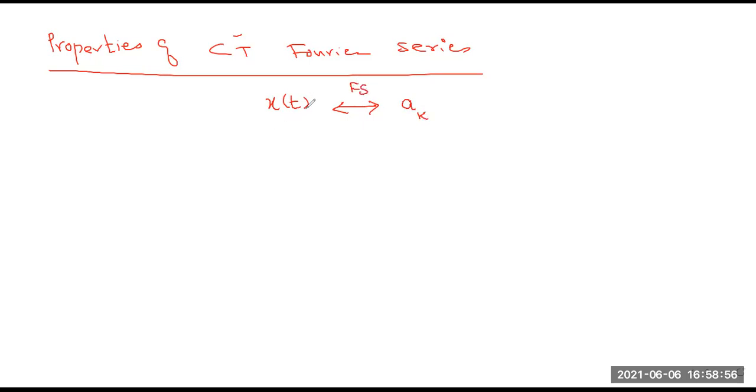This notation is used to represent that periodic signal x of t is related to its corresponding Fourier series coefficient, or you can say x of t and a sub k are a Fourier series pair.